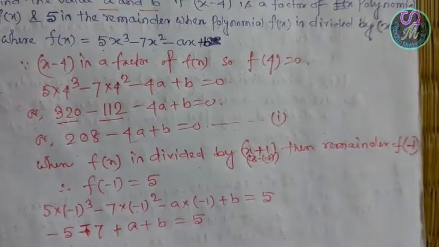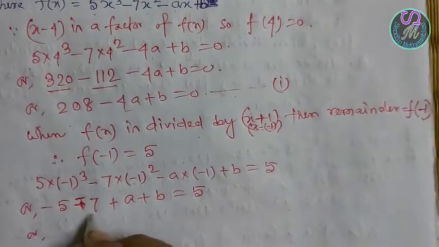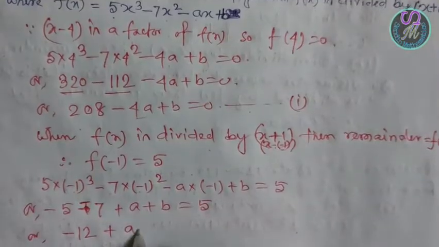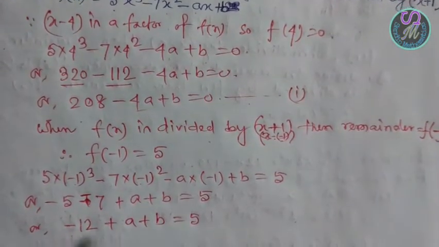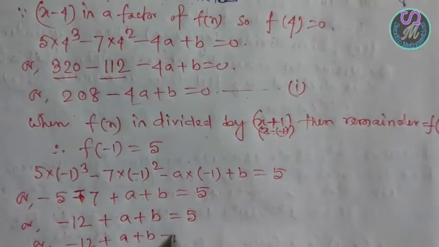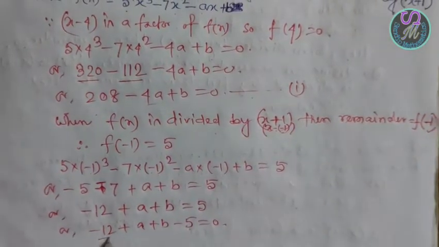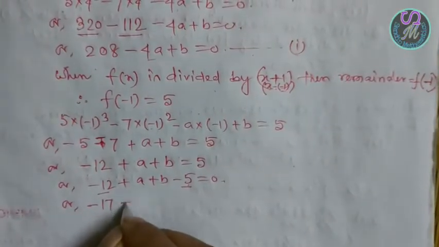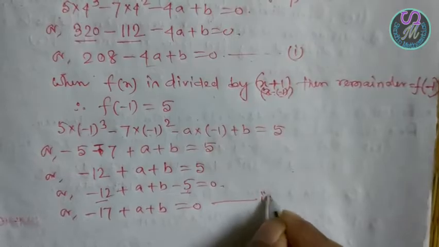Now this 5 goes to the left hand side, then minus 7 minus 5, so the value is minus 12 plus a plus b equal to 5. Now minus 12 plus a plus b minus 5, this one is equal to 0. Now minus 12 and minus 5, so the value is minus 17 plus a plus b, this one equal to 0, and this one is number 2.